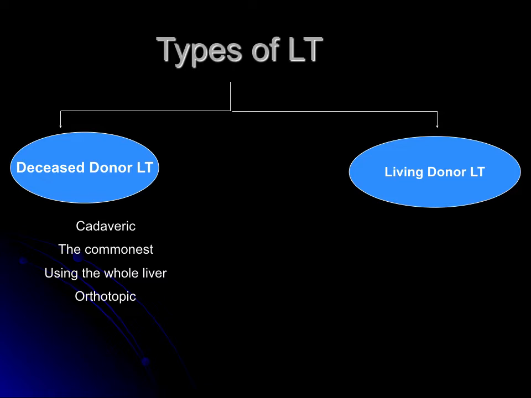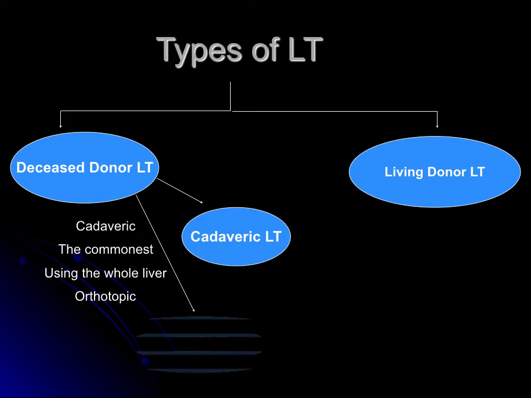We take the whole liver from a cadaver, and we remove the liver from the recipient, and we implant the whole liver from the cadaver in the recipient patient. So we can also call it orthotopic.